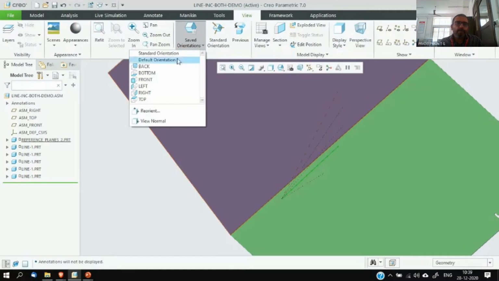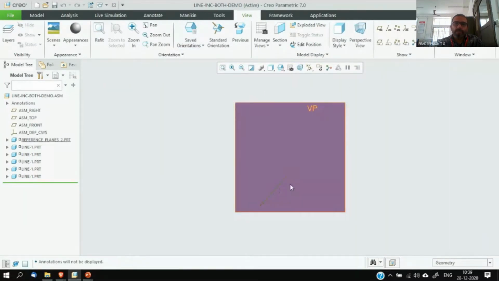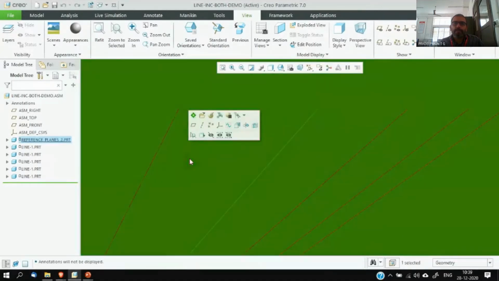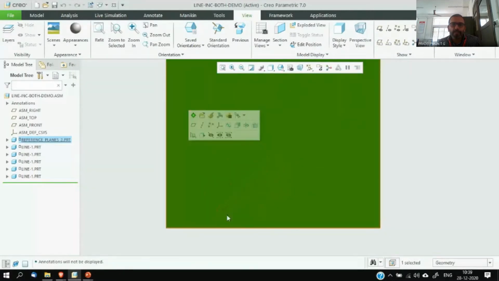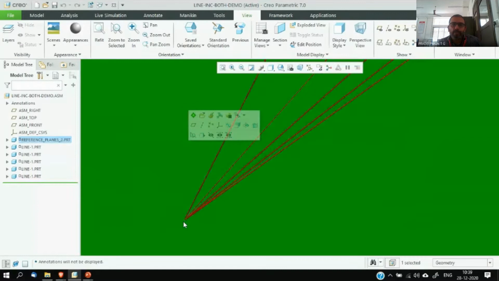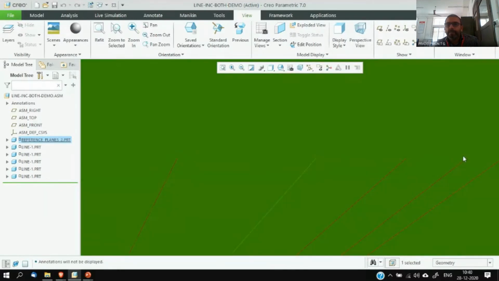Now, if I go to the front view, see, here is the front view of all the lines. So in all the lines, if you look at the top, the first endpoint is fixed. Here, the first endpoint for all the 5 lines is the same point. If you look into the second endpoint, this point is the second endpoint, and here this is the second endpoint, and here this is the second endpoint.